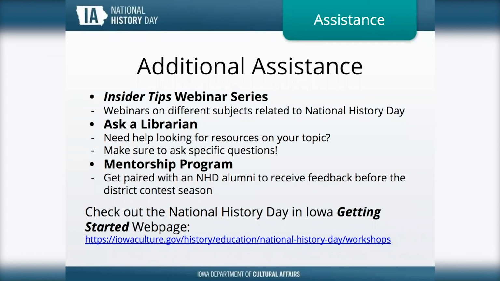We also have Ask a Librarian, where if you need help looking for a resource on your topic, or if you have specific questions that you would like to talk with a librarian about, you can submit a request. Or there's the mentorship program, where you can get paired with an NHD alumni to receive feedback before a district level contest. All of these great opportunities and additional assistance are on the National History Day in Iowa Getting Started webpage, and that is the link down here below.